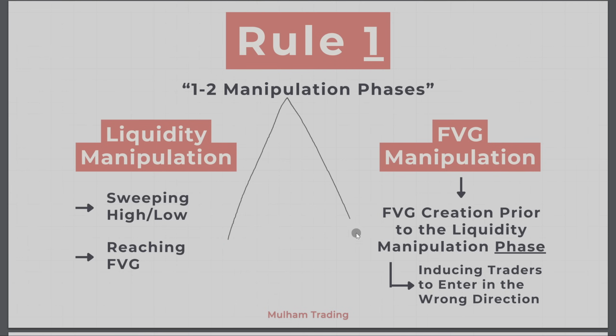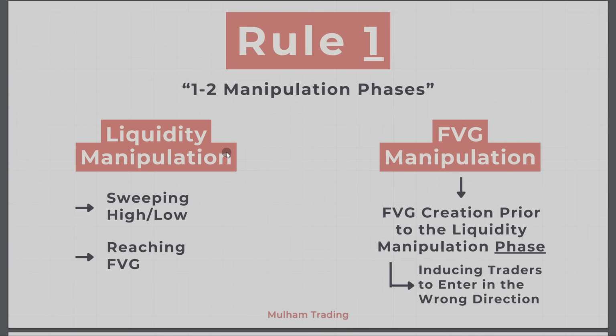So something like this, fair value gap here, and then creating another fair value gap here, disrespecting the first one and taking all the liquidity from there, using that as fuel to actually go lower after. Okay, so using the inducement fair value gap or the fair value gap manipulation as fuel to enter in the right direction. This is the first rule, and again, the most important one.